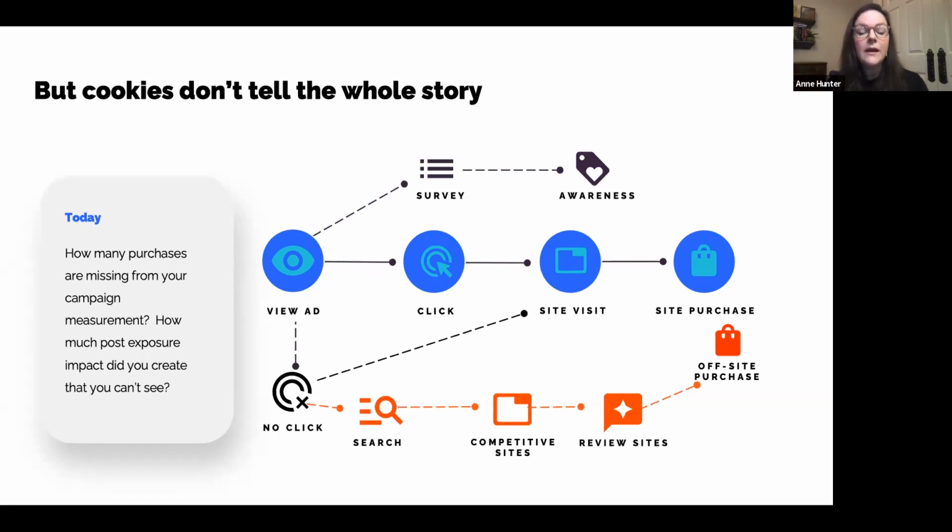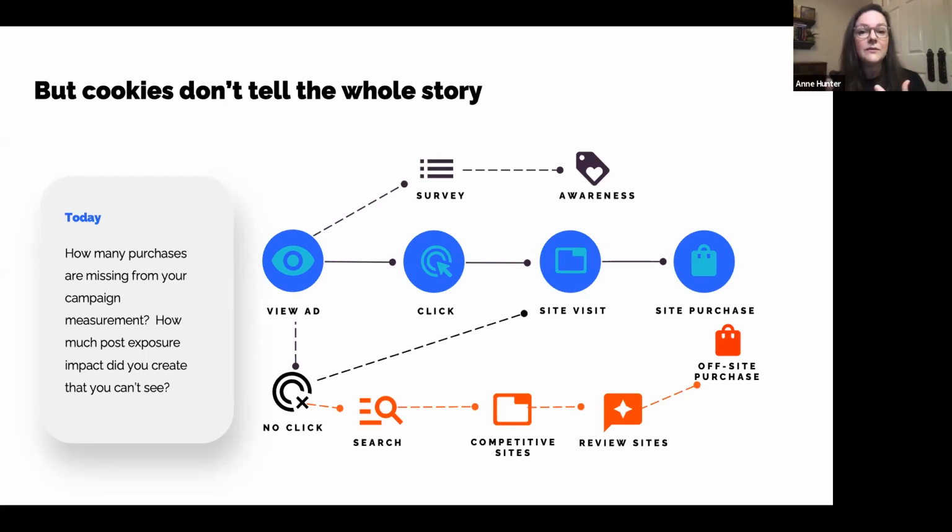For example, if someone sees an ad for a new ice cream brand, and then they go to search and just search ice cream, red container, oh, I can't remember the brand name, you won't know that. It won't tell whether it made them think of ice cream and then they went and typed in an existing brand and went even to a competitive website.